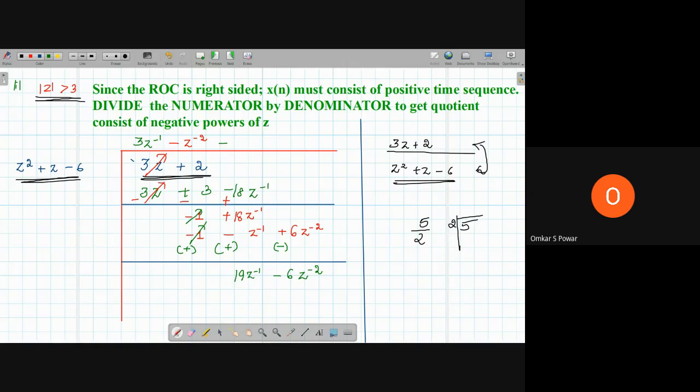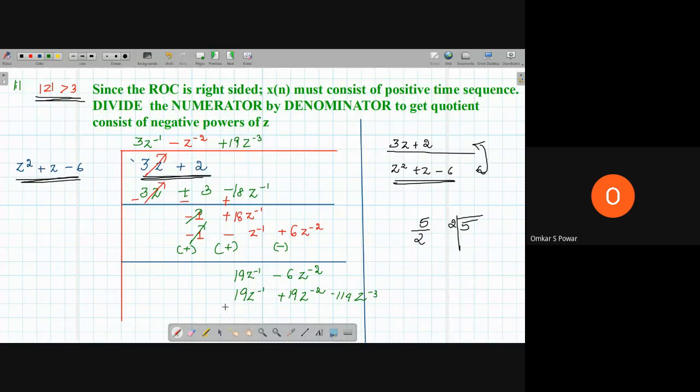You have to multiply by plus 19z⁻³, because z² into z⁻³ is z⁻¹. So 19z⁻¹ plus 19z⁻², then 19z⁻³ into −6 is nothing but −114z⁻³.